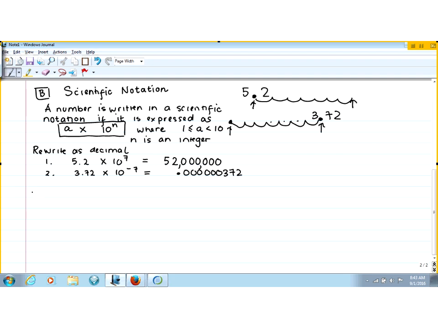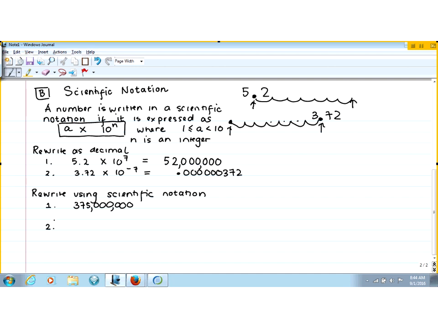Now, what about if we do it the other way around? Rewrite using scientific notation. So number 1, 375 with, I don't know how many zeros here.